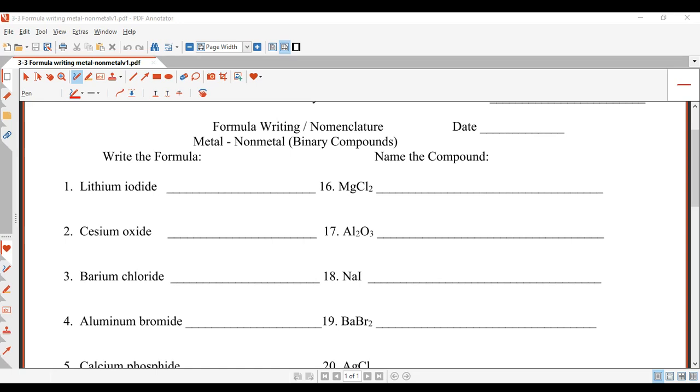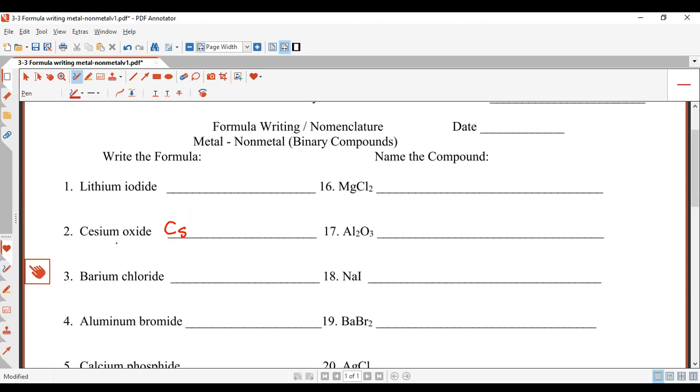And on the right-hand side of the sheet, you're going to be writing the names, and we'll do some of those. When you're writing the formulas on the left-hand side, what I want you to do until you get the hang of this is to first write down the symbols and write down the charges that you have written, hopefully, on your periodic table.